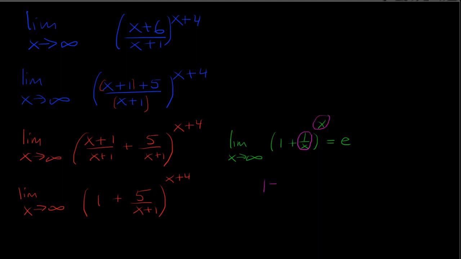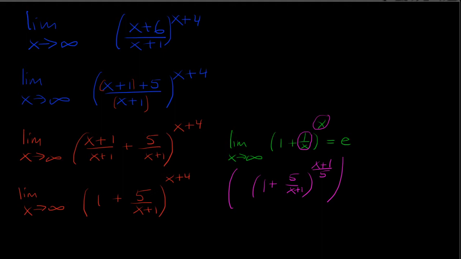So if I have 1 plus 5 over x plus 1, I need to have x plus 1 over 5 as the exponent. Okay, so that's what I want to apply to my limit on the left, but I need to raise it to some other exponent.